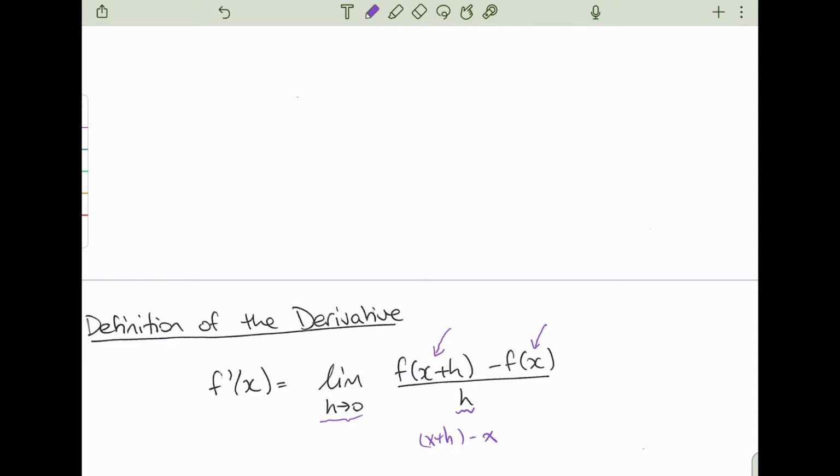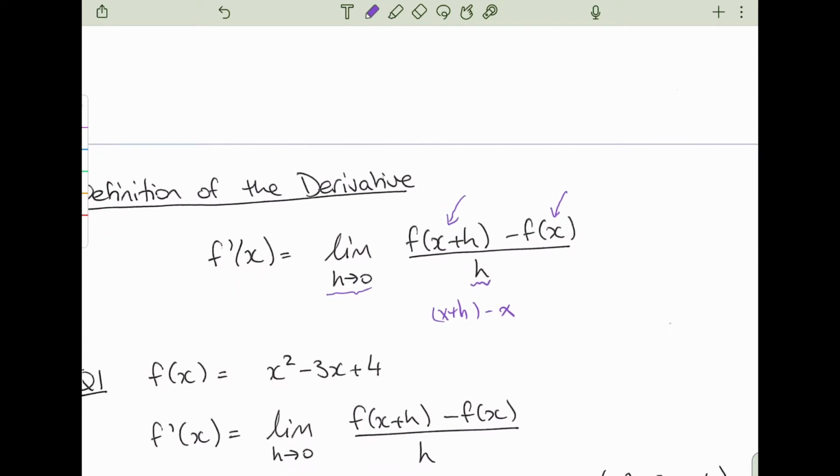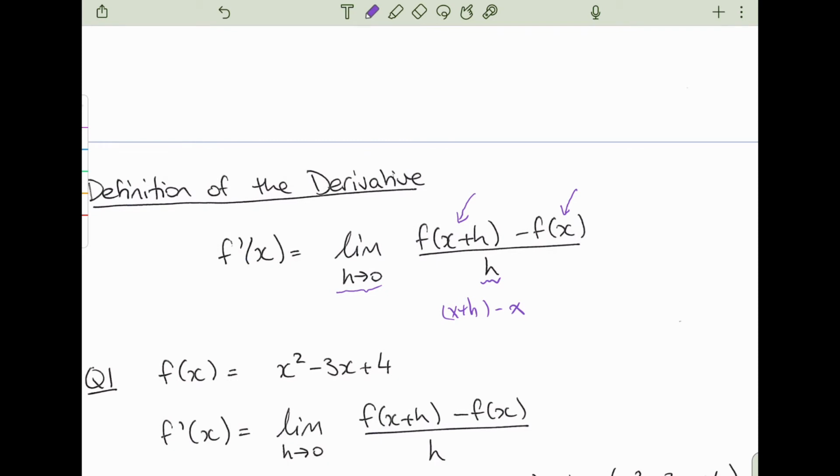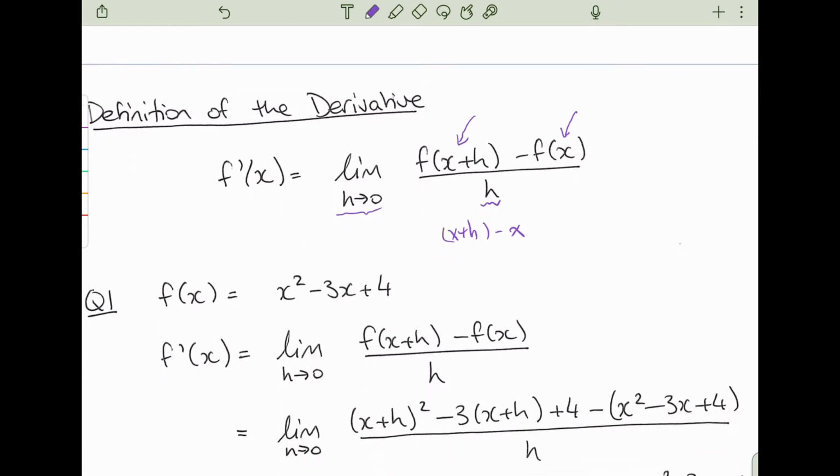So after understanding this formula, let's do this question 1. f of x equals x squared minus 3x plus 4, right? And by the definition, we have to plug in, that is replace this x with x plus h.